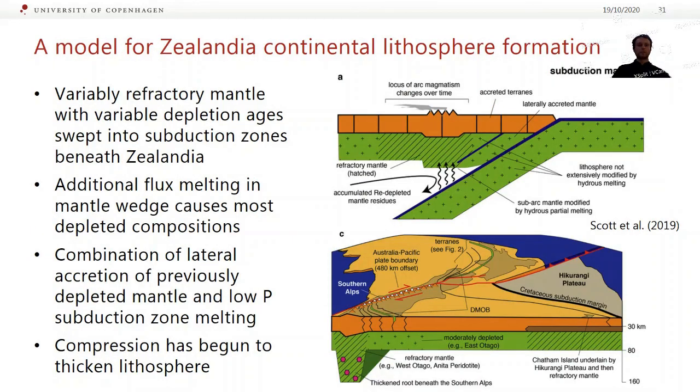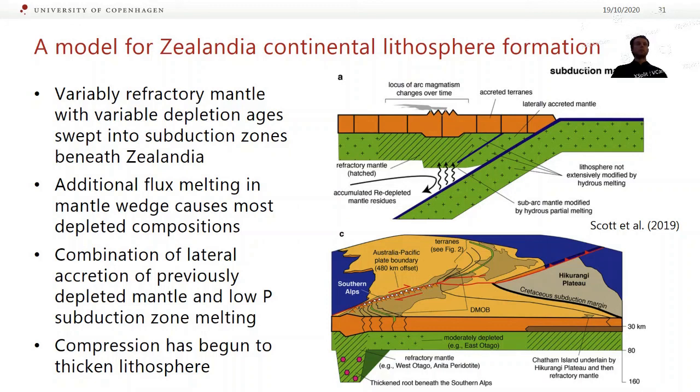So Scott Stahl put this together for a model of how the continental lithosphere formed in Zealandia. It basically starts with these variably depleted mantle chunks in the convecting mantle that are swept into subduction zones beneath Zealandia.